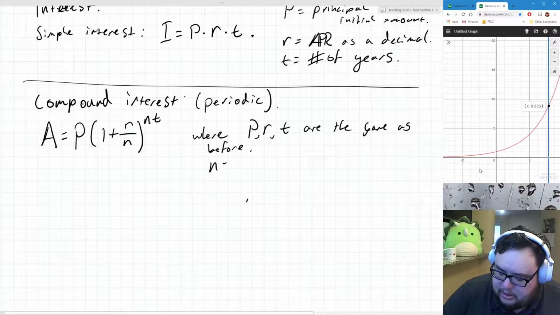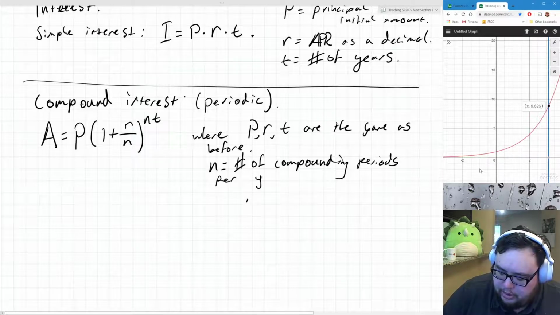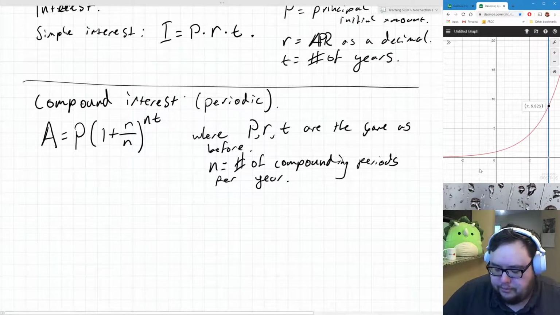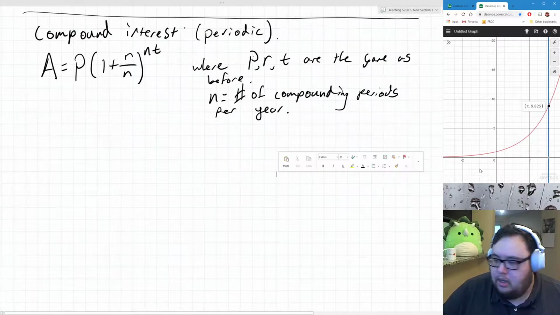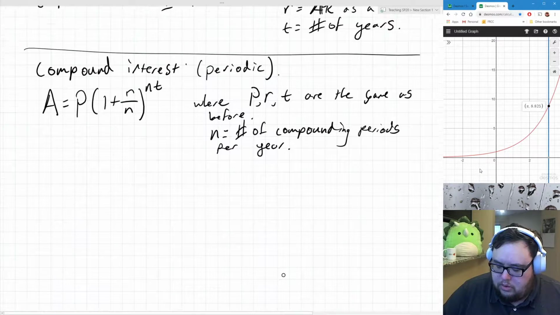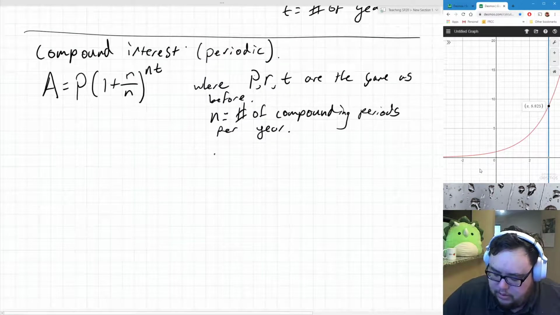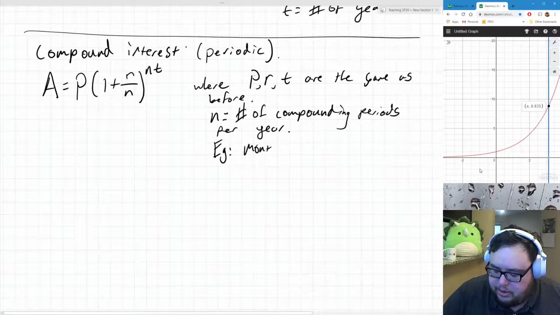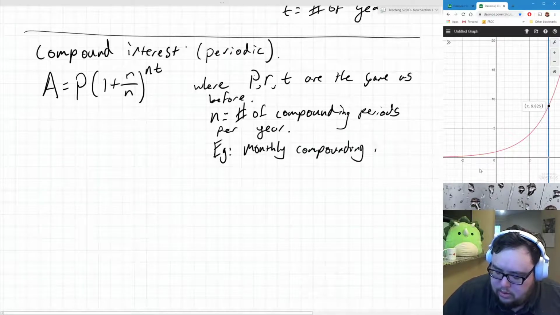But n is the number of compounding periods per year. So, for example, monthly compounding interest is n equals 12.